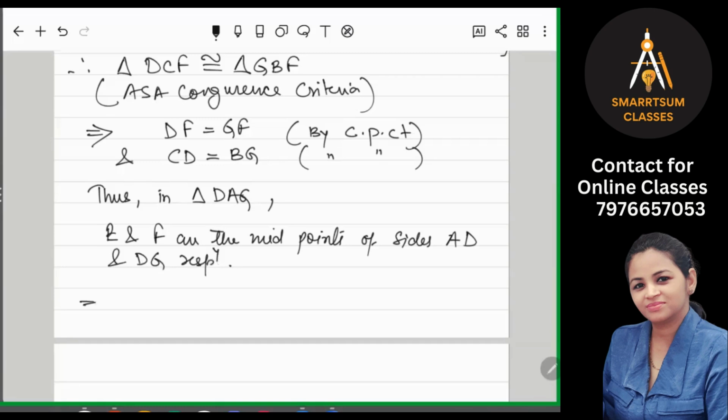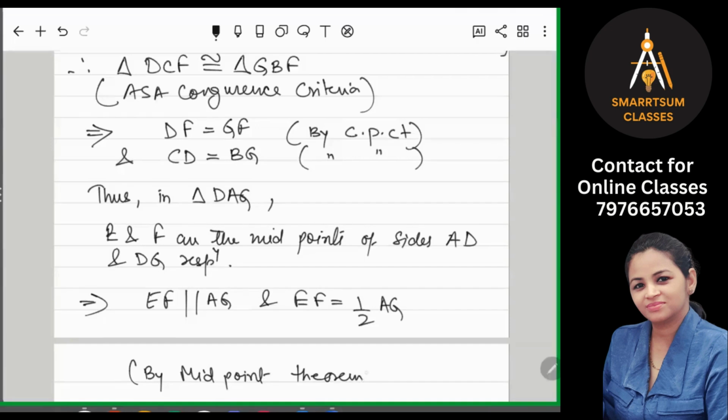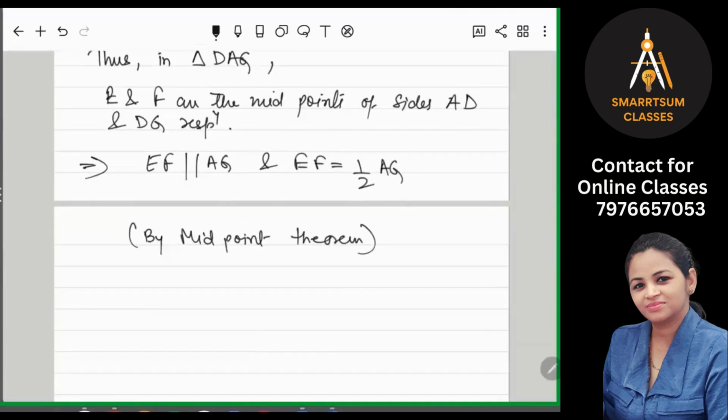So therefore we can say EF is parallel to AG and EF is equal to half of AG. By which theorem? By midpoint theorem. By midpoint theorem we can write this, so that EF will be parallel to AG as well as half of it.